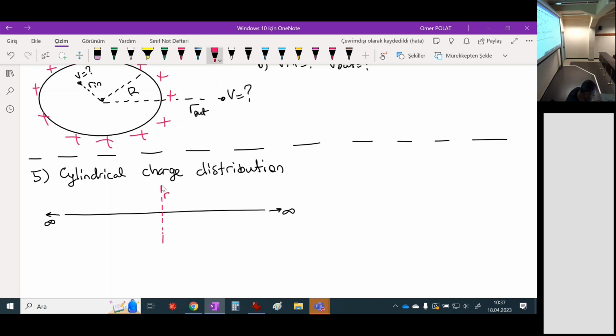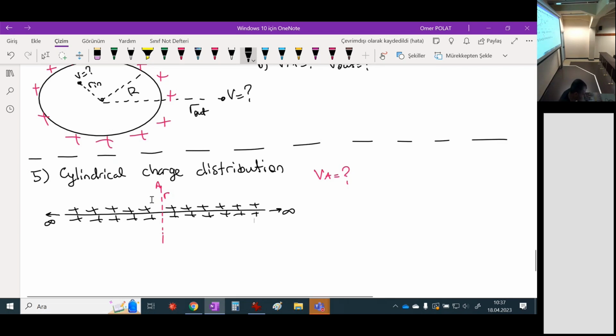R is the distance from the cable. Point A, VA is the question. Charge on the cable: Q. So its potential is the question. What is the electric potential of an infinitely long cable?